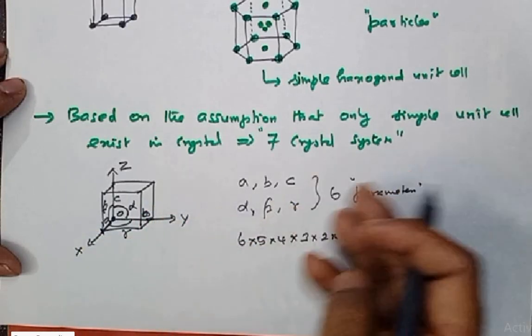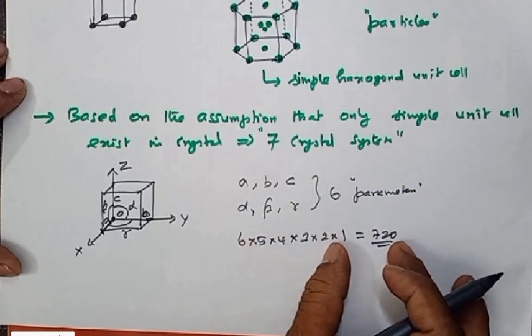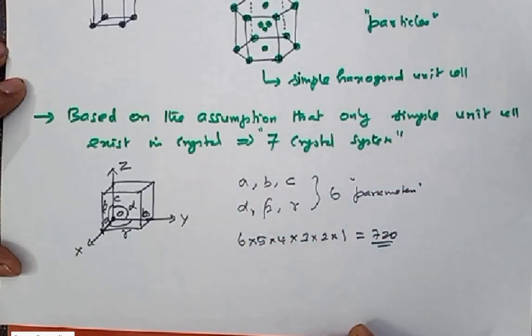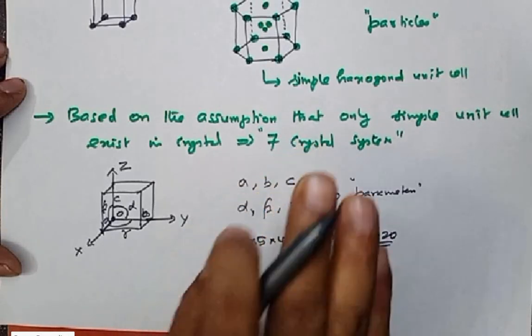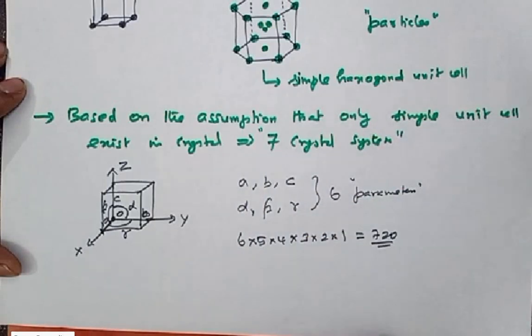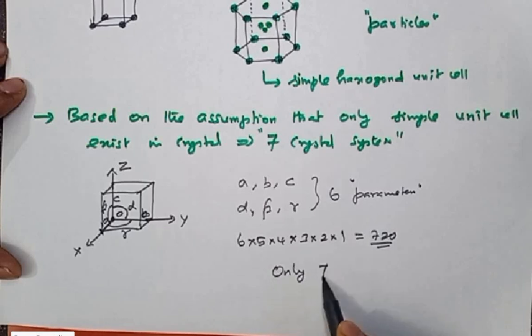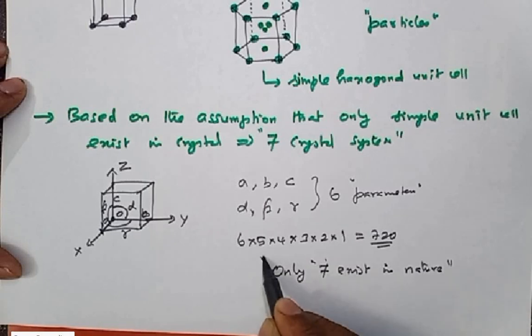By varying the 6 parameters, theoretically we can form 720 different types of crystals. But out of these, only 7 actually exist in nature. This is what was found by the researchers. So out of 720, only 7 exist in nature.